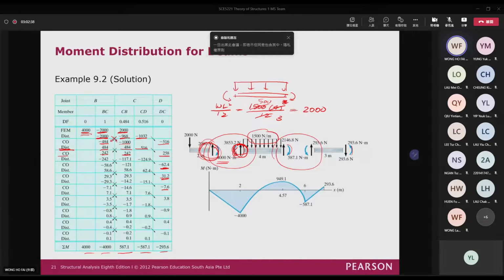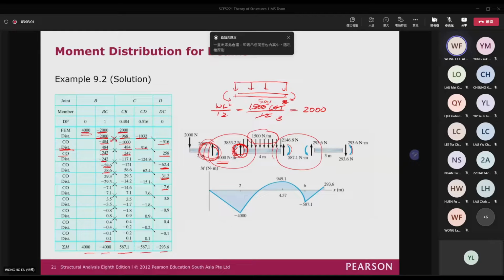And right here, this one is just within the member, so it is still carried over to the other side. And then again, you carry on these procedures. Finally, you find that it is close to 0.1, and then we can stop here.